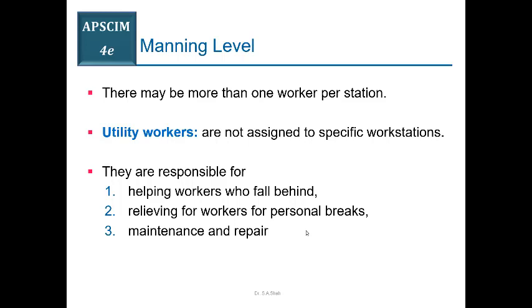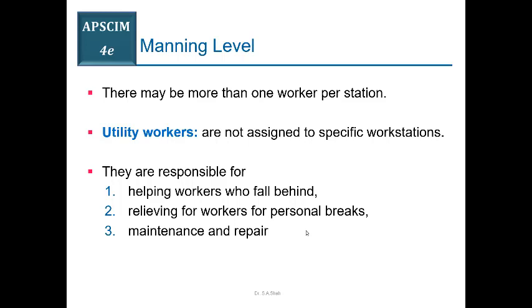So in total now you have 15 workers in that particular assembly plant, but the assigned workers are 10, one each for 1 workstation. So the total number of workstations is 10 and the total number of workers is 15.